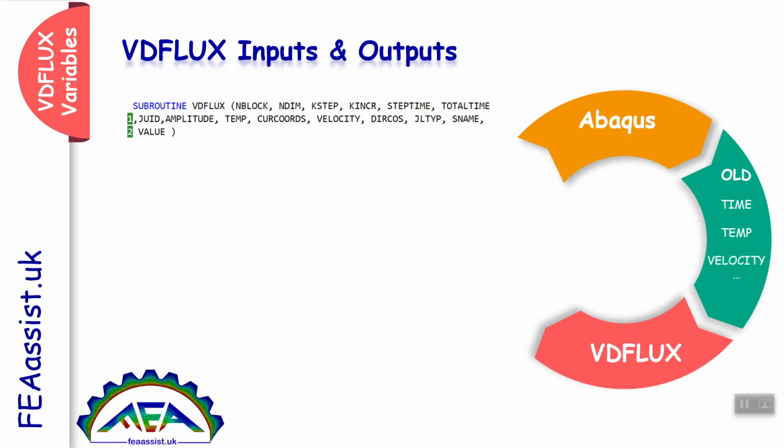In VDFLUX, we need to get these variables and recompute the value, which is the flux. So the flux value is transferred to Abaqus. Abaqus will use this value to recompute the time, temperature, velocity, and other variables.